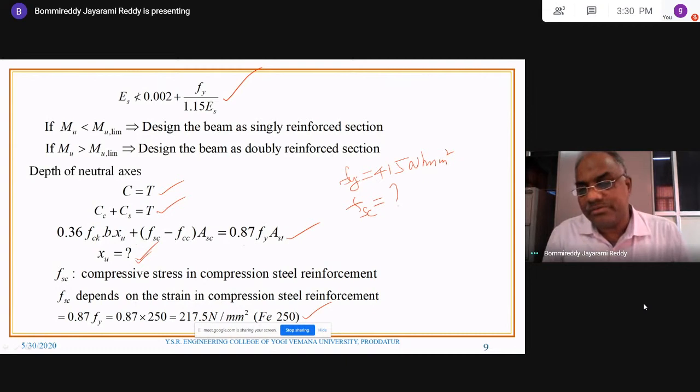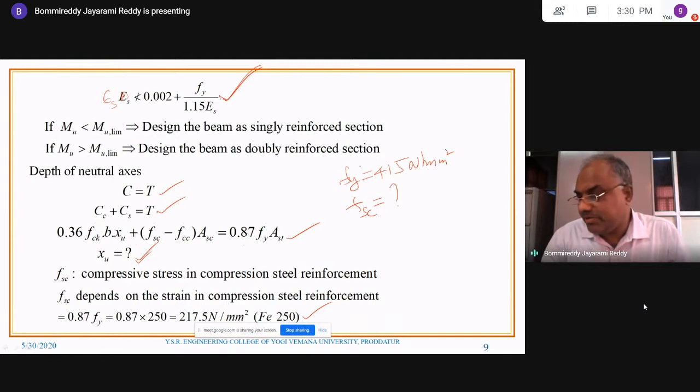What is that value? Why is it taken 415 Newton per mm square? Because the strain in steel is not less than this value. When the strain is not less than this value, the stress corresponding to that will be equal to 0.87 times of fy.